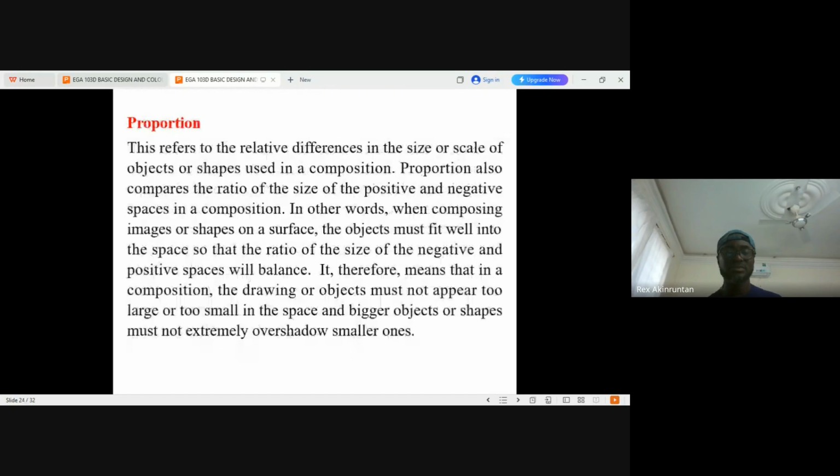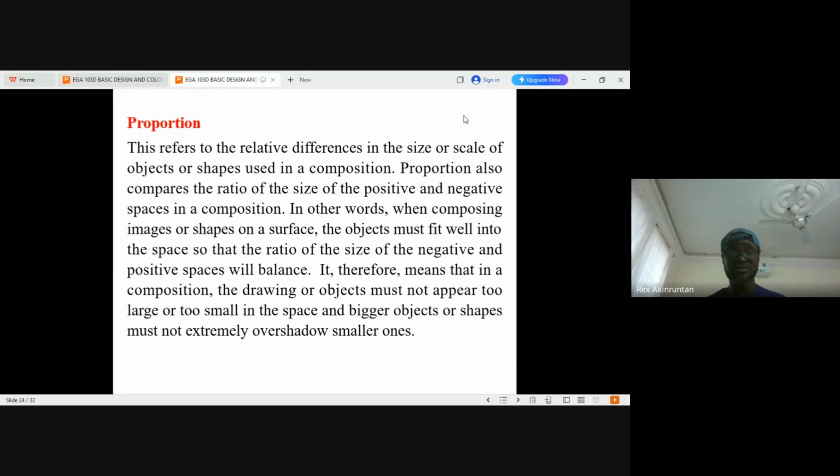Okay. So proportion. When we talk about proportion, you might also be confused with balance, but they are not the same. So, take notes.